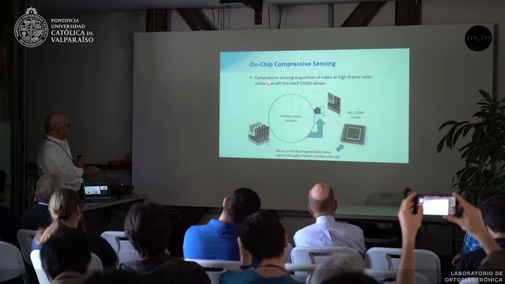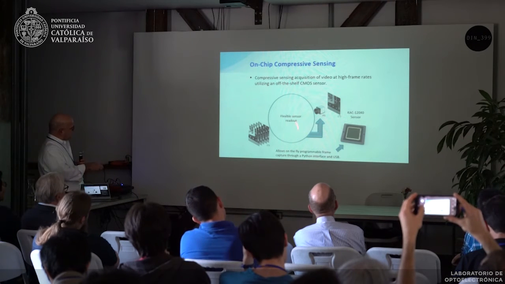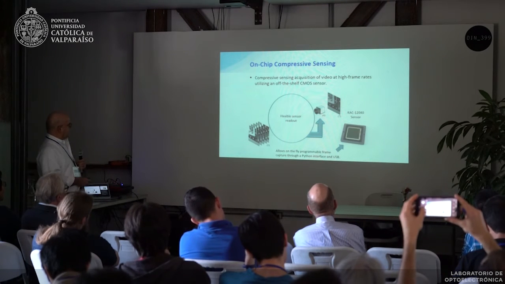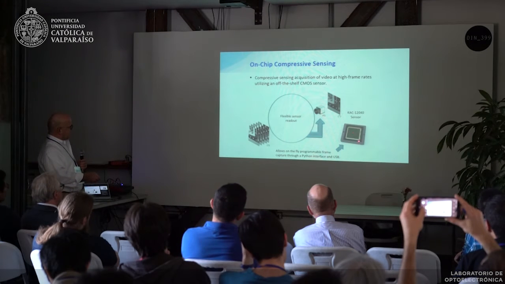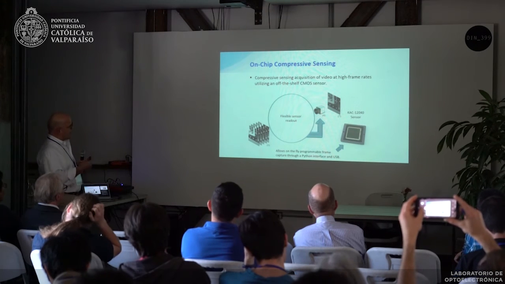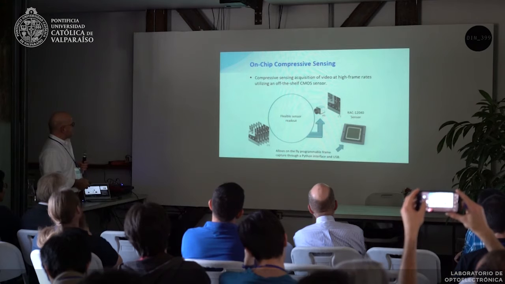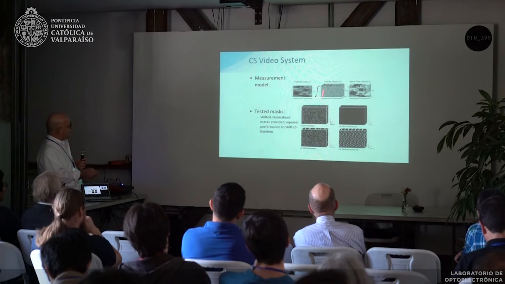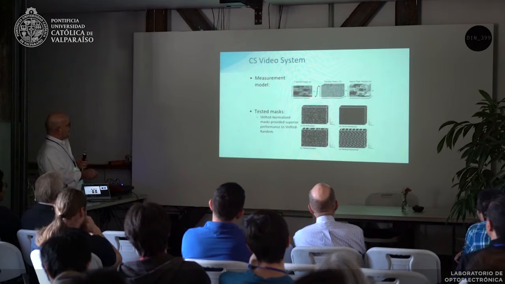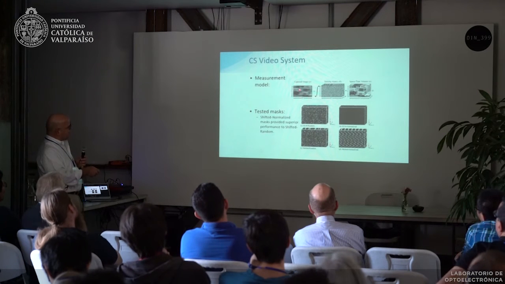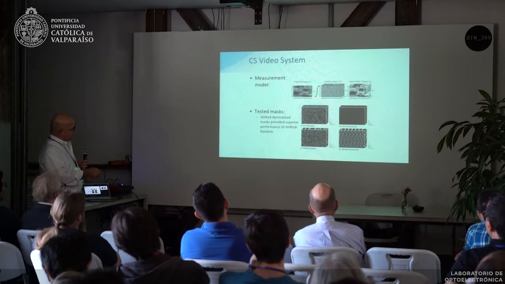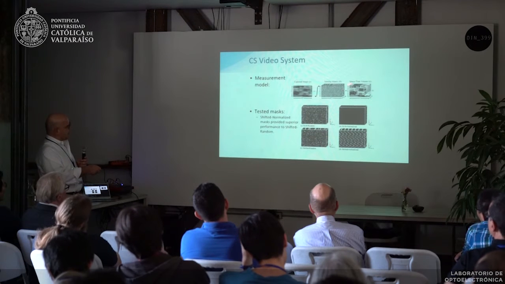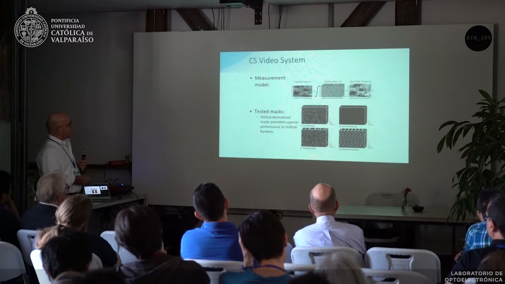We have also replaced this more elaborate system with a specific sensor that we can program at will and implement the different masks. So mathematically, again, what we do during exposure, you change the mask. So in essence, what you observe is one image, which is the product of the mask with the frame, and you sum it up together, right?